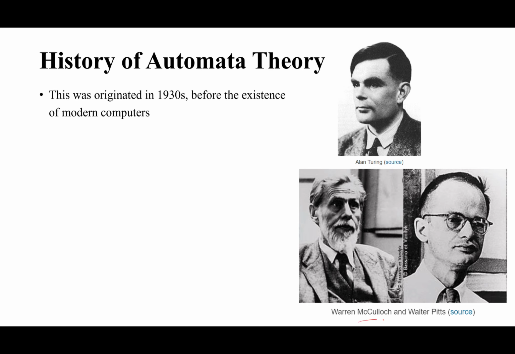Then Warren McCulloch and Walter Pitts first presented the description of the finite automata in 1943. Later two computer scientists, G.H. Mealy and E.F. Moore, generalized the theory to much more powerful machines. So this is about the introduction to the automata.